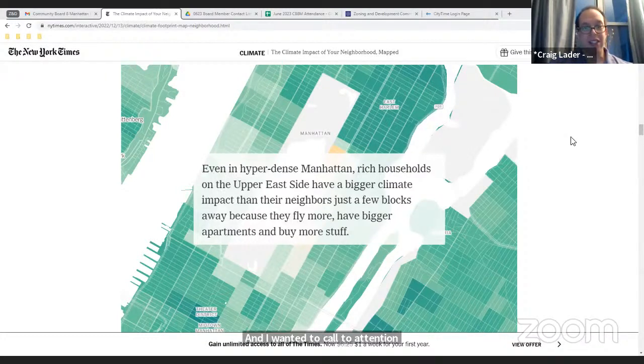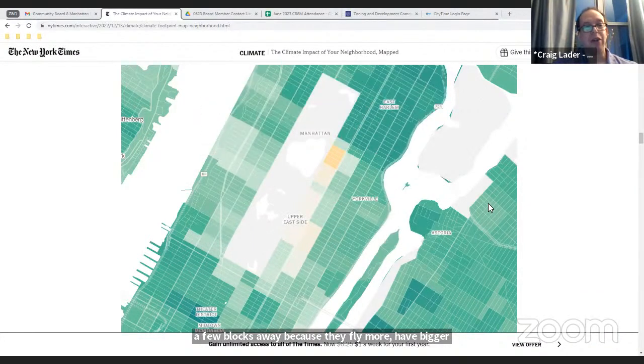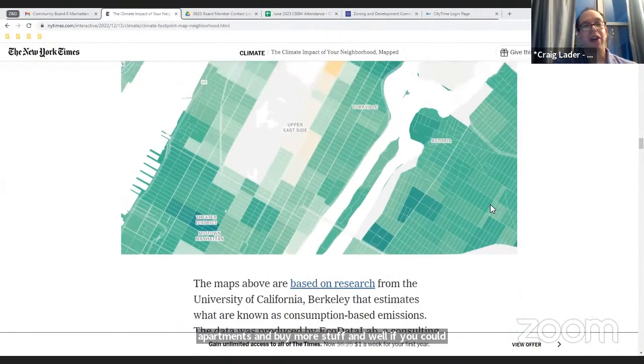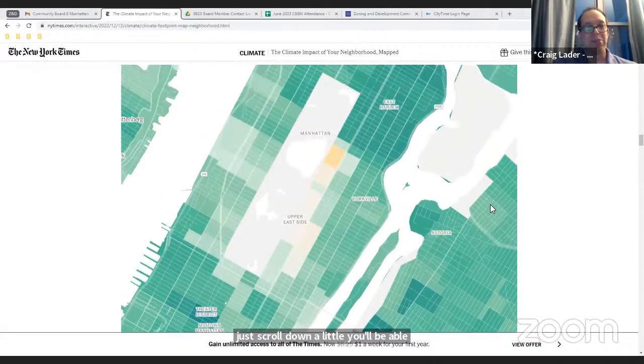One, this element in which it says that even in hyperdense Manhattan, rich households on the Upper East Side have a bigger climate impact than their neighbors just a few blocks away, because they fly more, have bigger apartments, and buy more stuff. And Will, if you could just scroll down a little, go back up. Yes, perfect.